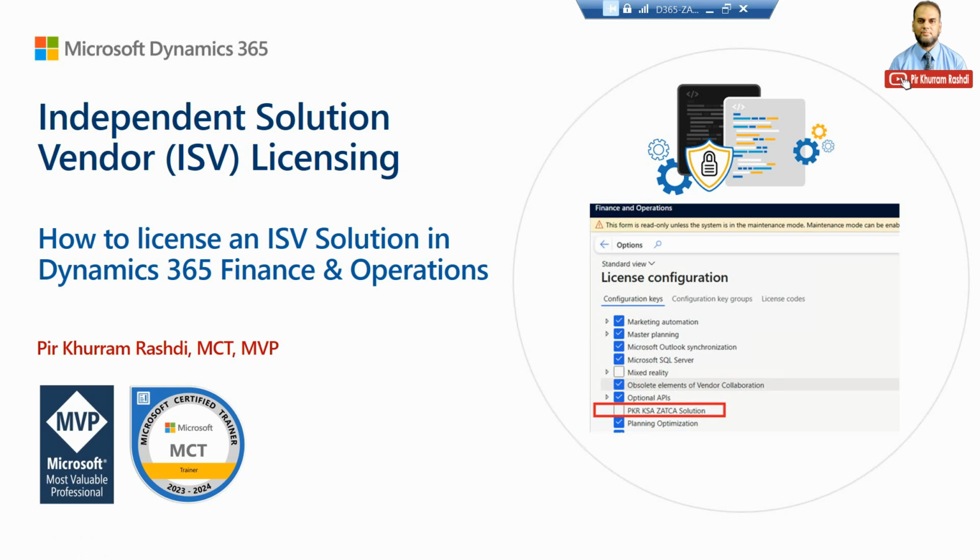This will be a very important topic for those people, and it will guide you on how to secure your solution, how to license it, how to license it specifically as per the customer or partner environment where it is sold, and how to link up your license with the solution objects within the Visual Studio solution. This is related to Dynamics 365 Finance and Operations.